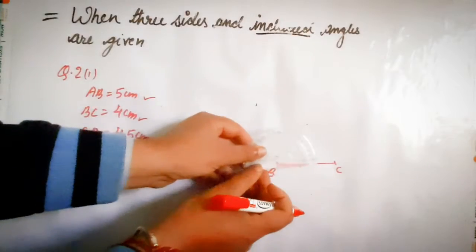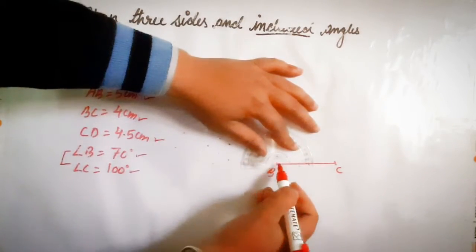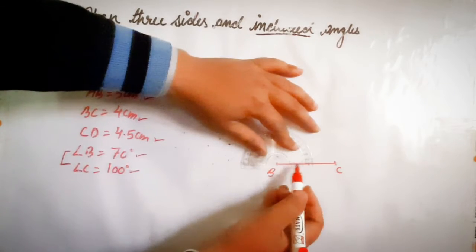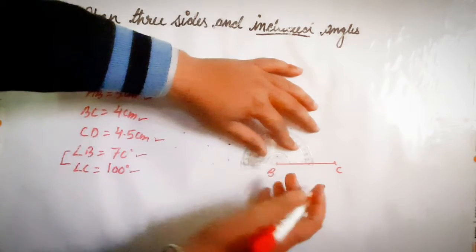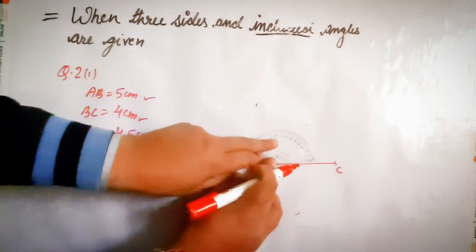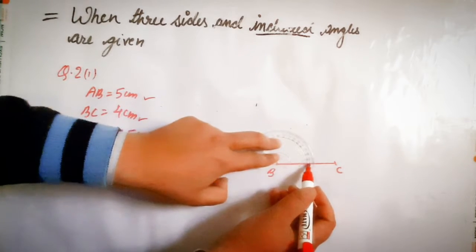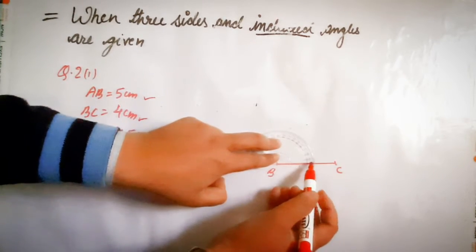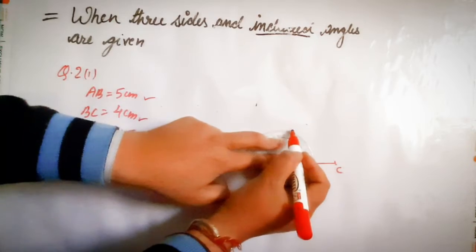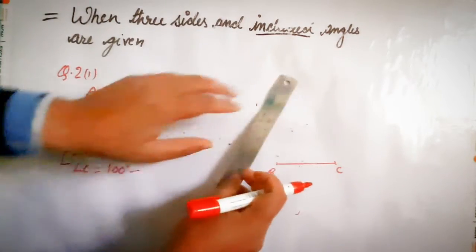This must be on the vertex. And the baseline, that is the line of 0 degrees, must be on the red line. So see the angle of 70 degrees. Now our 0 will start from the right hand side because the baseline is towards the right. So 70 will be here. Mark a point here and draw it.